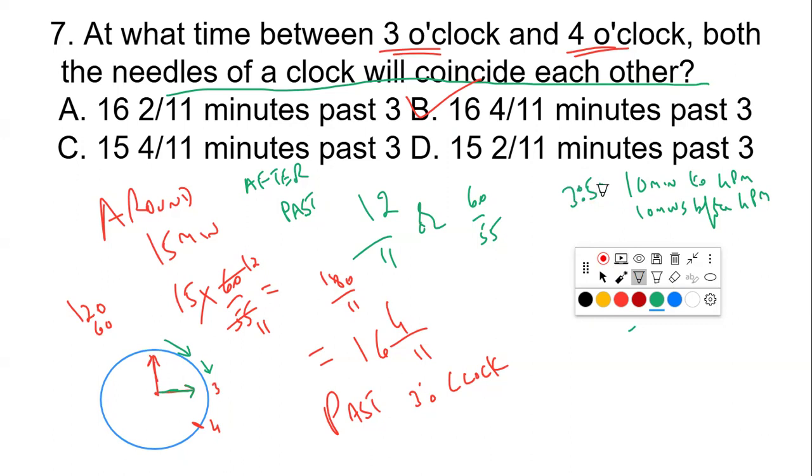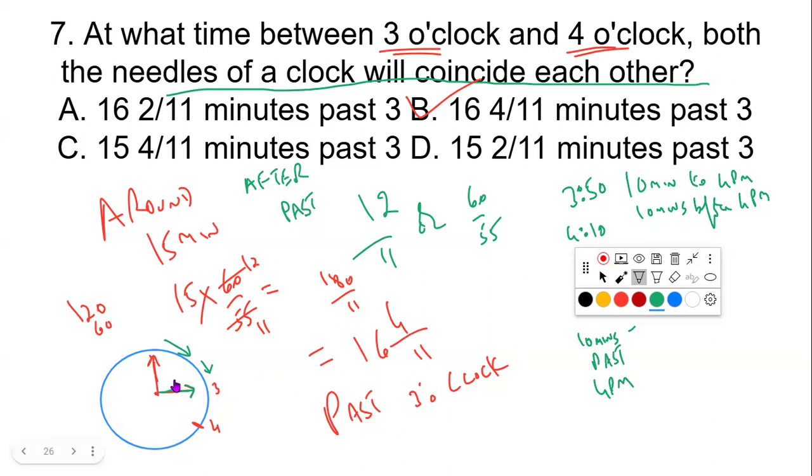When the time is 3:50, you can also say it is 10 minutes to 4 p.m. or 10 minutes before 4 p.m. So if the time is say 4:10, you can straight away say it is 4:10 or 10 minutes past 4 o'clock, because it is after 4.